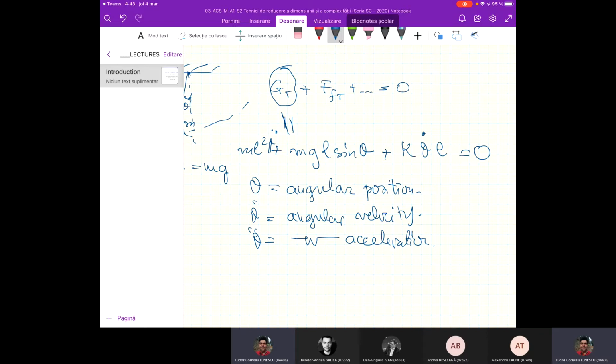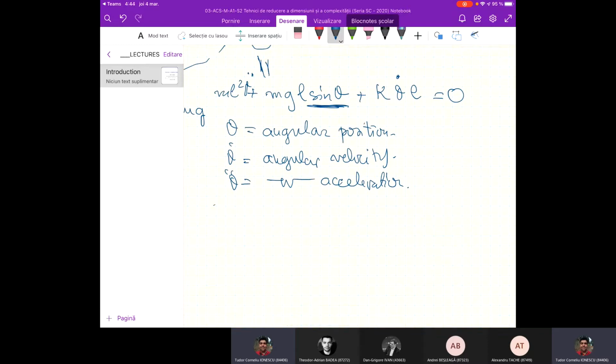Now this is a nonlinear equation because of the sine, but if you take very small variations, we know from the 9th grade that sine theta is what?